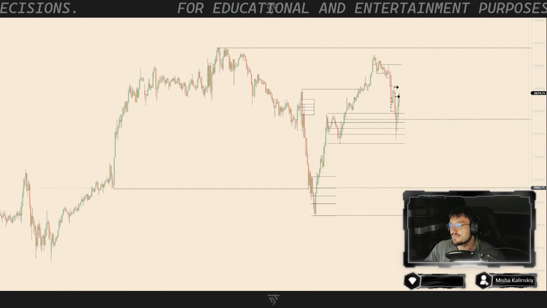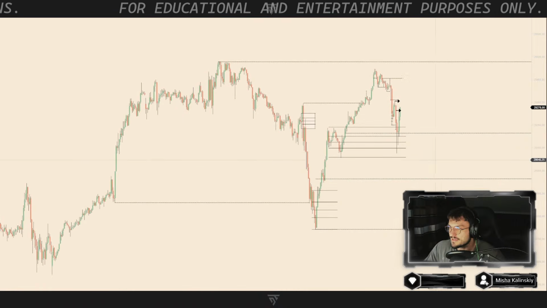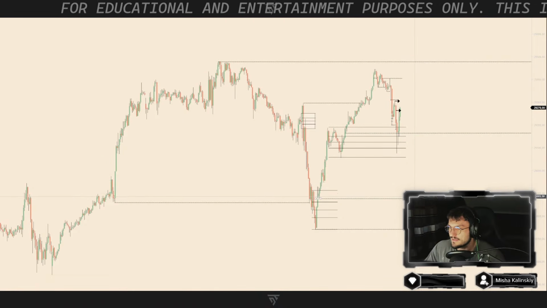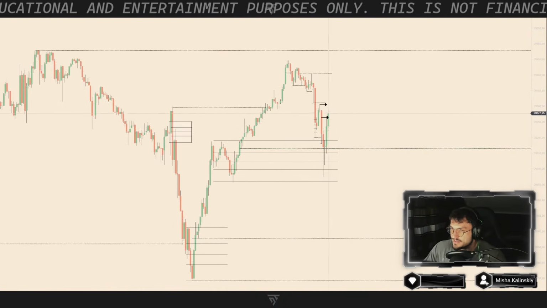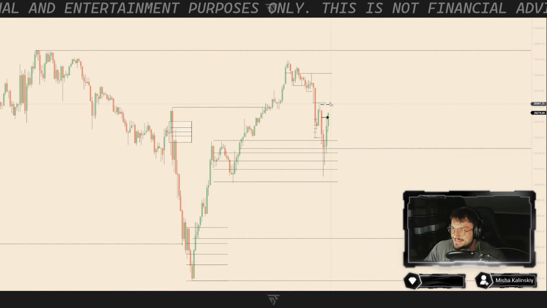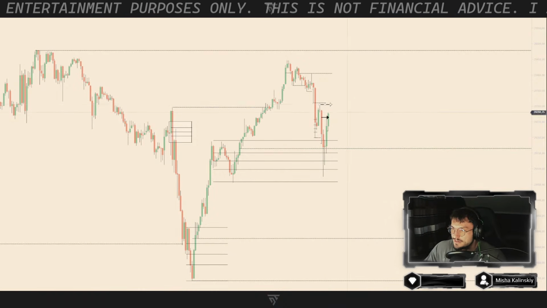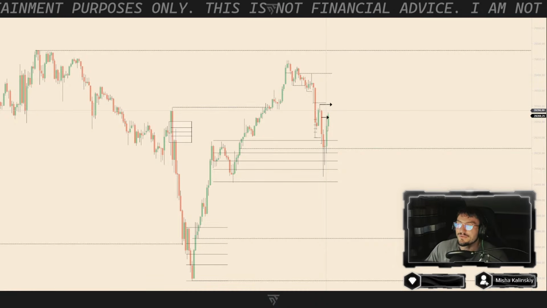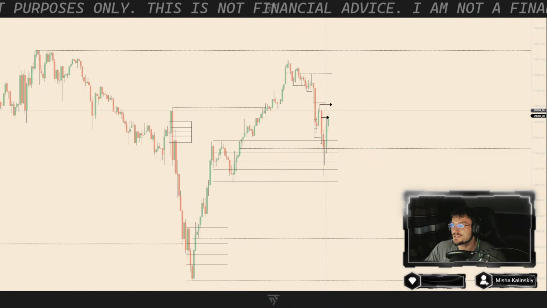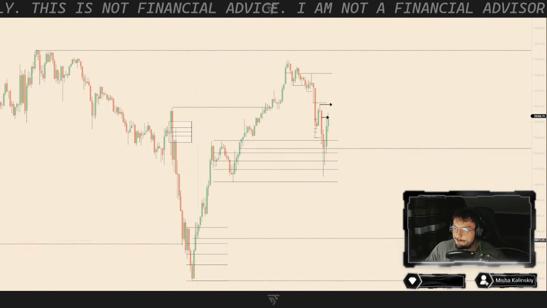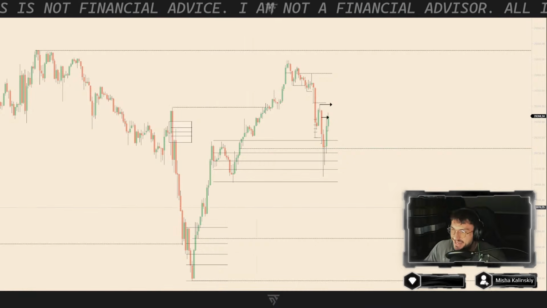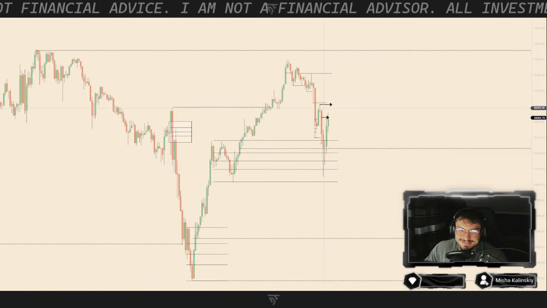Oh, I didn't even mark that out. Oh wow. Okay. Well, even I can make mistakes. This is the 15-minute high that we are expecting a closure. I was wondering why I was a little bit bullish. I was looking at this zone and then this. It was subconscious telling me.